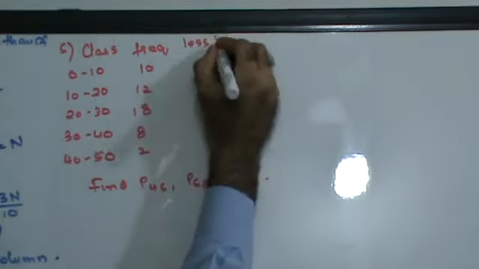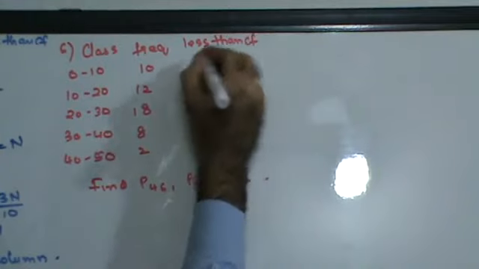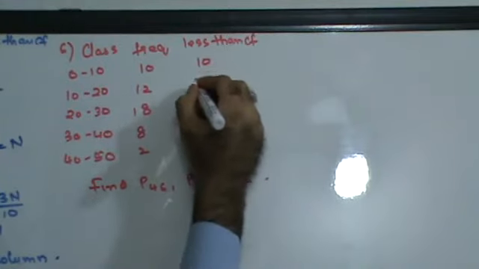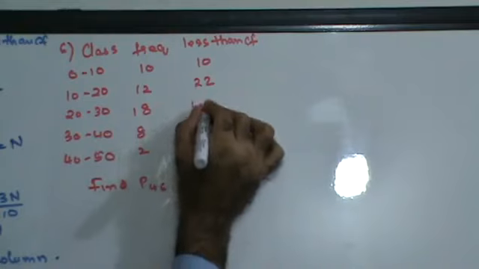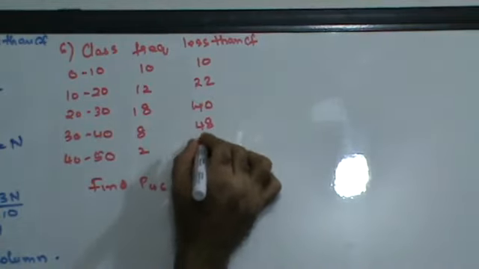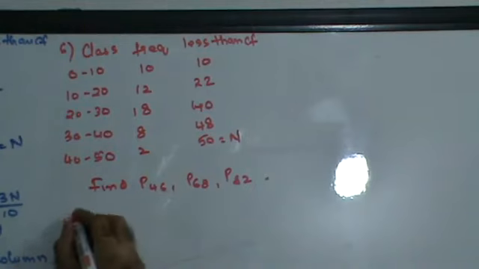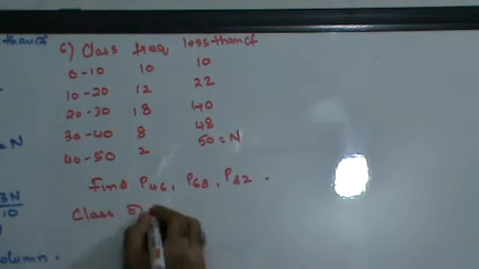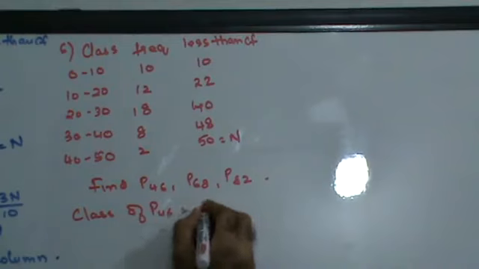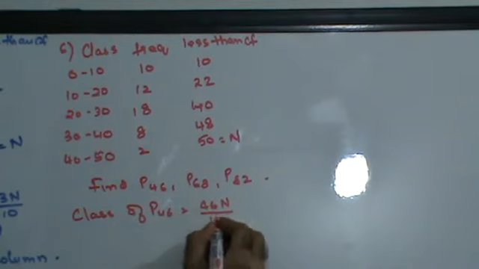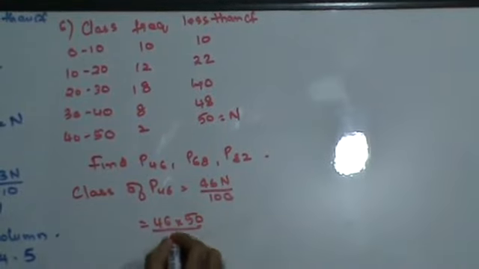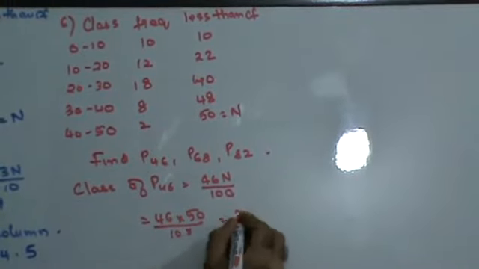First thing you do is you find out the less than CF: 10, 22, 40, 48, 50. This number is N. Right? Class of P46 is going to be 46n upon 100. So this is going to be 46 into 50 upon 100, which will come out to be 23.